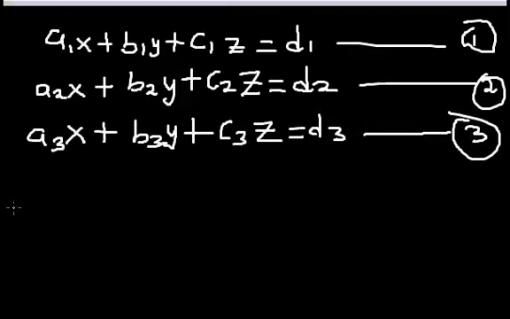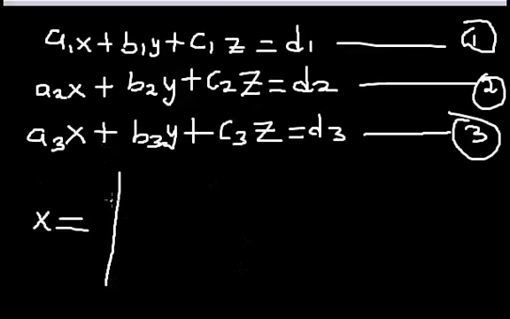Applying Cramer's rule, it's not going to be different from what we did previously, it's just that we're having more variables now to deal with. So with Cramer's rule, to find x, remember, since this is an equation in 3 variables, my determinant will definitely be a 3 by 3 determinant.